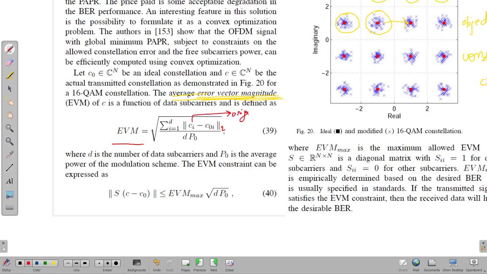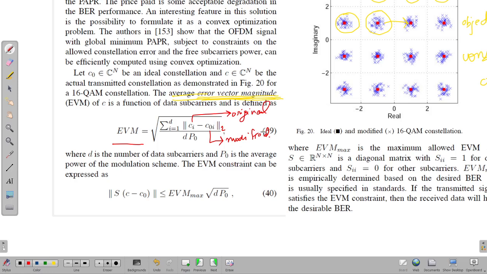These are symbols that are part of the original constellation, and c0i is part of the modified constellation. So basically we are checking the error, or the distance, between the original and the modified constellation. You can say it is like an error factor.